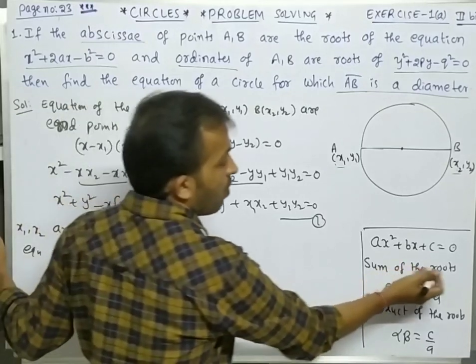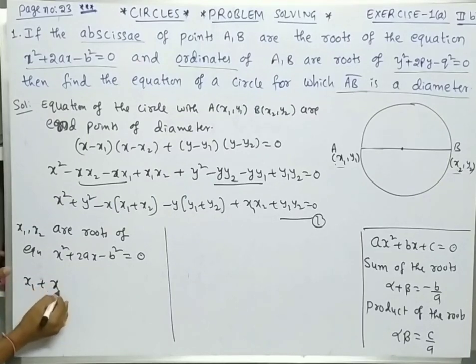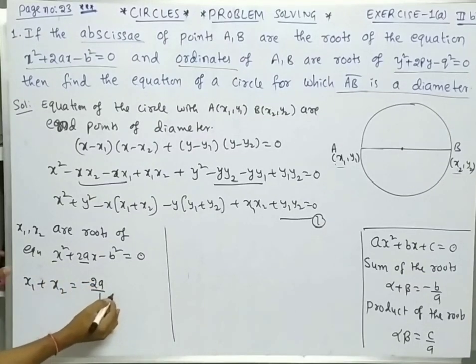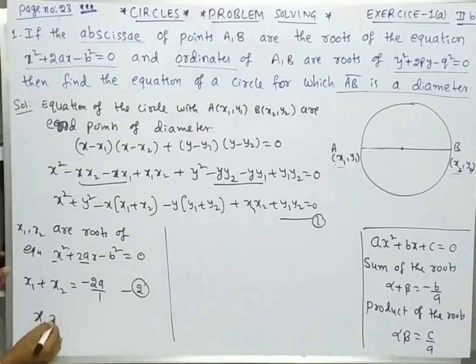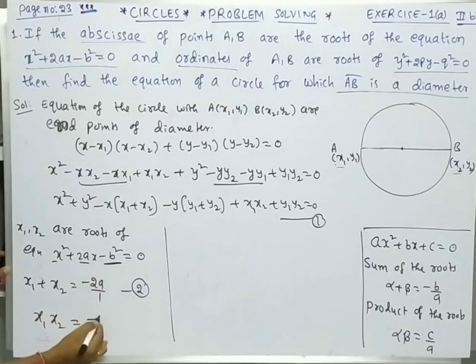So from this, the sum of the roots x1 plus x2 is equal to minus b by a, that means minus 2a by 1, this is number 2. Next, the product of the roots x1 x2 is equal to c by a, that is minus b square by 1, this is number 3.